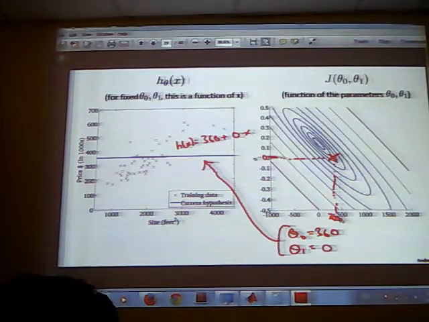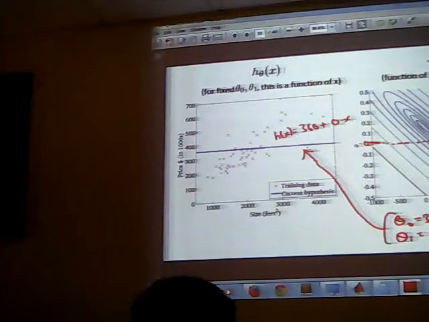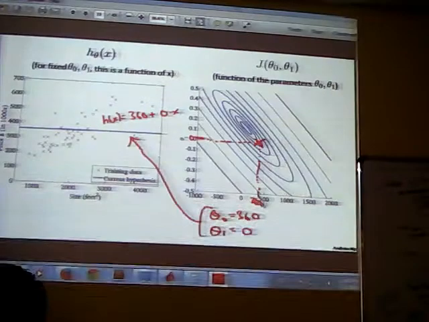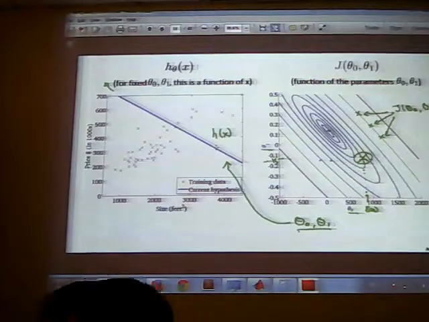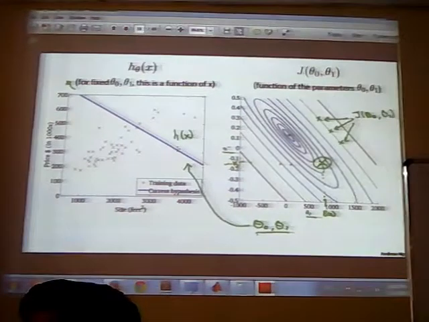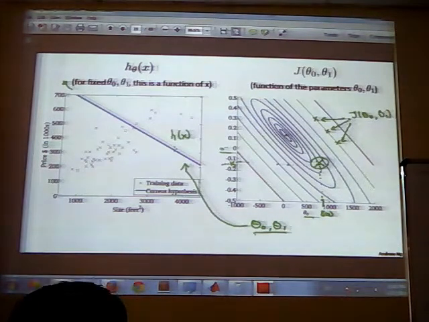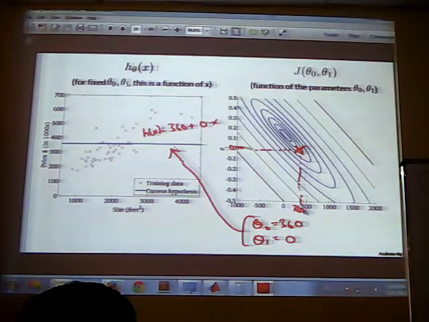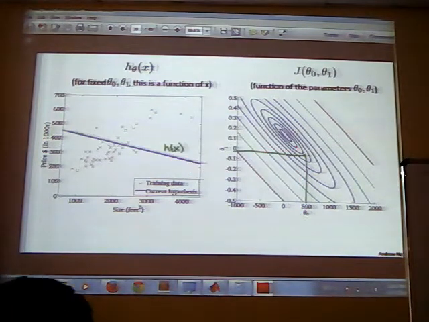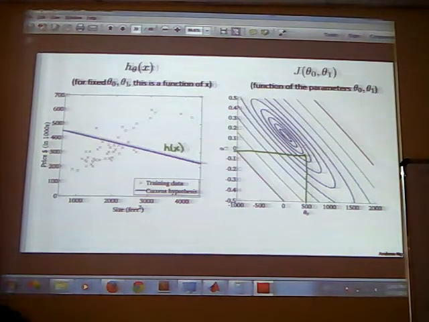So we choose some more values of theta 0 and theta 1. Say at this point we have a line like this. As you can see, this line fits much better than the previous one.